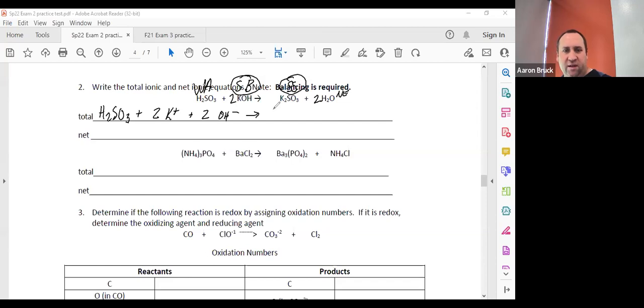Potassium sulfite breaks apart. Remember, potassium ion is K+. This 2 just becomes the coefficient now instead of the subscript. Sulfite ion is SO3 2-. And water, since it is a non-electrolyte, stays together.